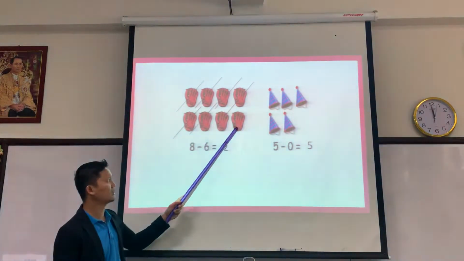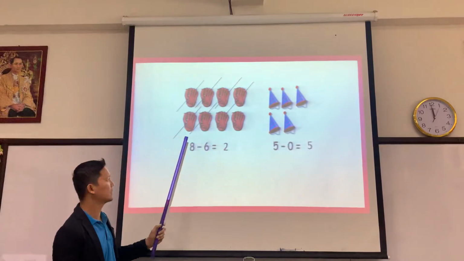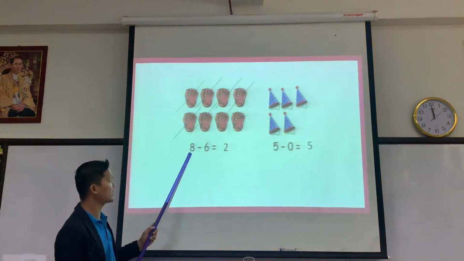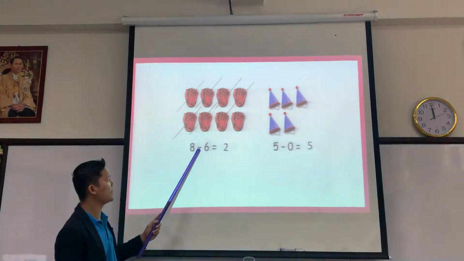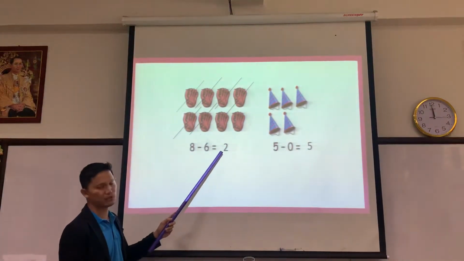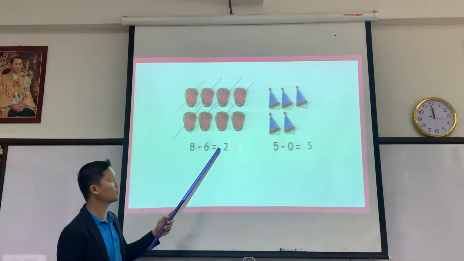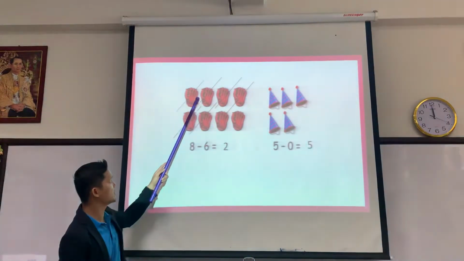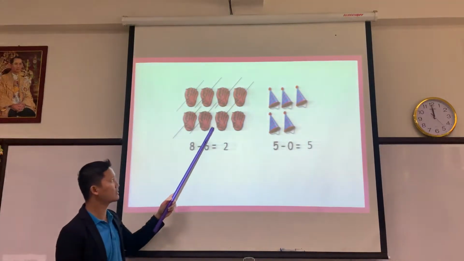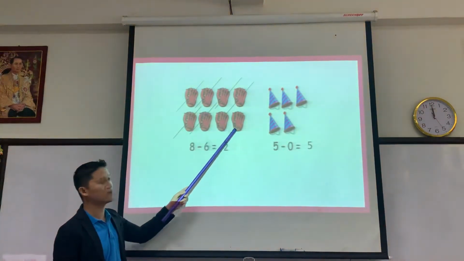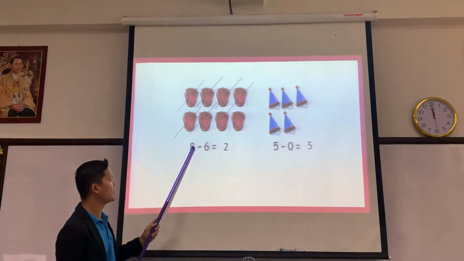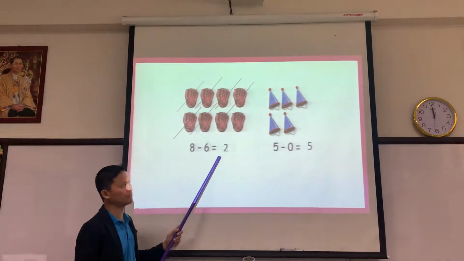There are 2. So you write the subtraction sentence as 8 minus 6 equals 2, because we take 6 gloves and only 2 are left.